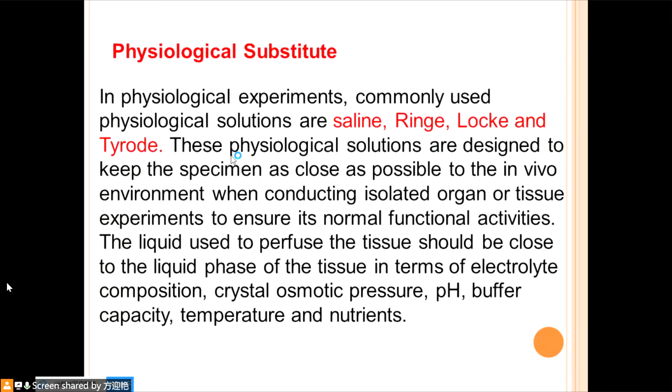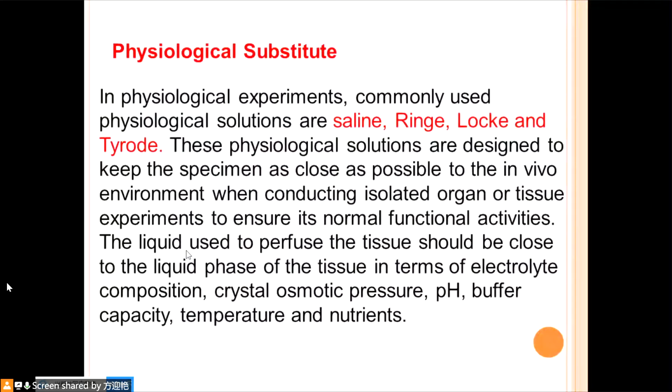These physiological solutions are designed to keep the environment as close as possible to the internal environment when conducting isolated organ or tissue experiments, to ensure normal functional activities.